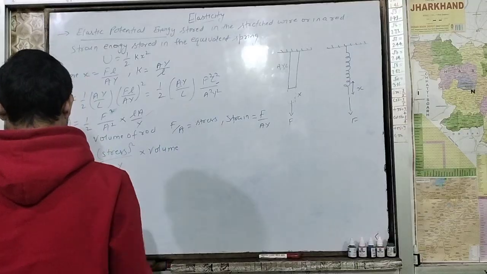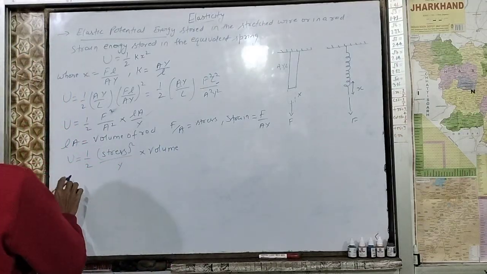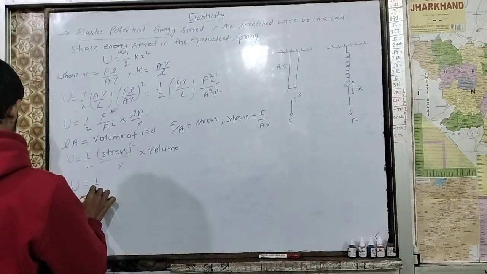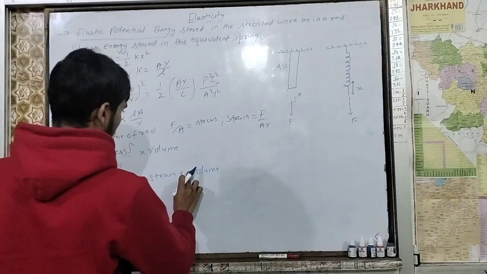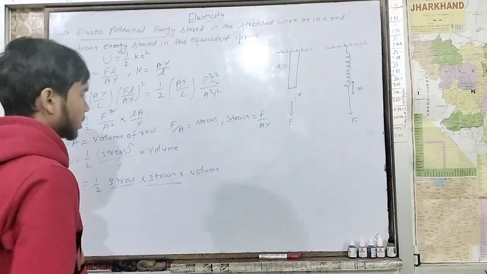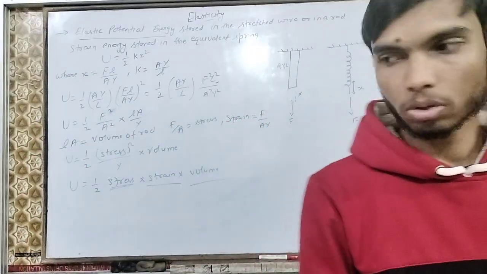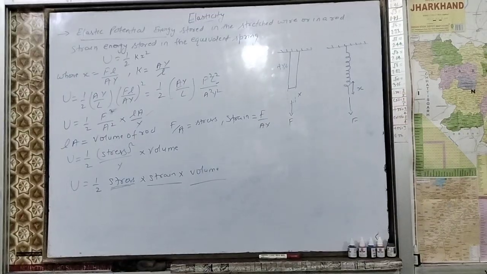So finally you can say U is nothing but 1 upon 2 stress multiplied by strain multiplied by volume. That is, restoring force, change in length and change in volume upon 2 is equal to U: half stress times strain times volume. Okay, I am leaving this here.